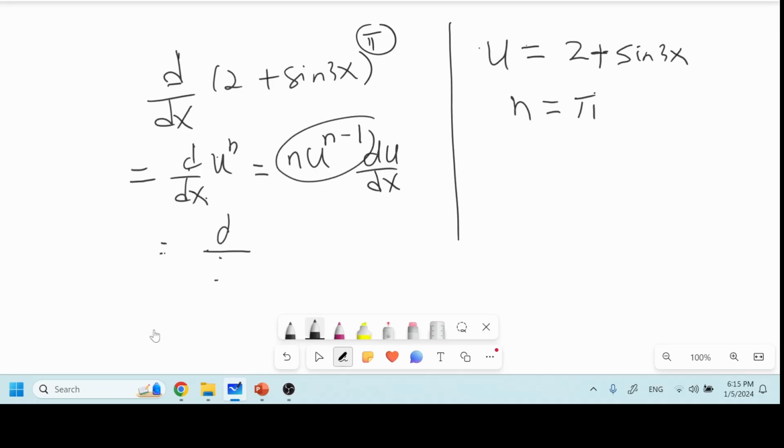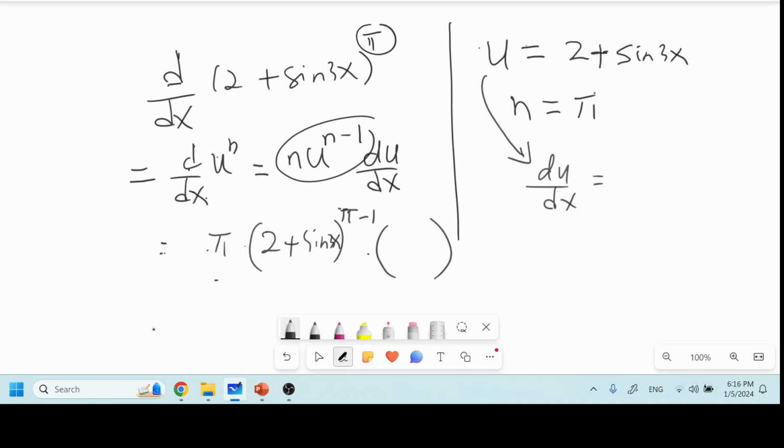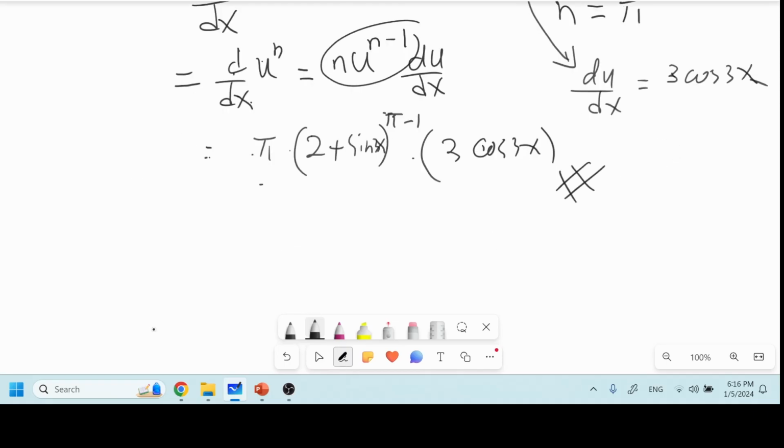So here we have n equals pi, and you have u, which is 2 plus sine of 3x, raised to the power of pi minus 1, and then you have to slot in du/dx. Here du/dx is simply equal to 3 times cos of 3x. So you slot in the expression of du/dx, 3 cos 3x. That is the result of your calculation.